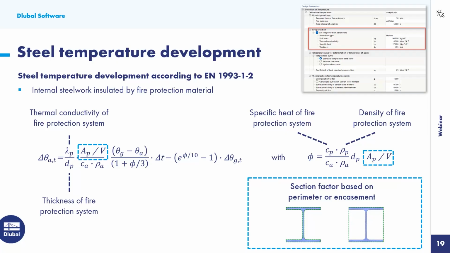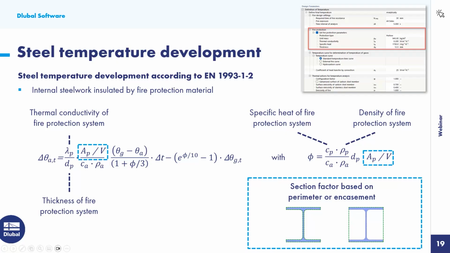I have to calculate the section factor accordingly, either using the perimeter of the section, or the hollow encasement, or a fictitious encasement of this section, as shown here on the lower right side of this figure. So those conventional fire protection systems can be easily considered in our program as well.